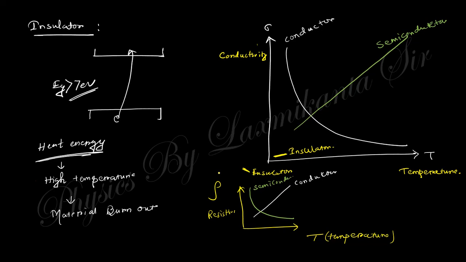So now comes the point: how we can tune the conductivity of insulator, how we can tune the conductivity of semiconductor, because this is a tunable material. So how can the conductivity of a semiconductor be tuned?